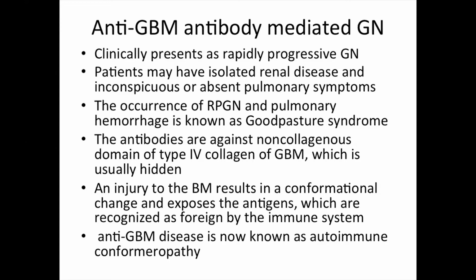So what they are waiting for you to tell them is the percentage of crescents, how many crescents, is it more than 50, is it more than 90? They also expect you to tell them the age of the crescents. Are they cellular? Are they fibrocellular? Are they fibrous crescents? Because this will make a difference in terms of how aggressive they will be with the treatment, because this patient basically will need a plasma exchange.